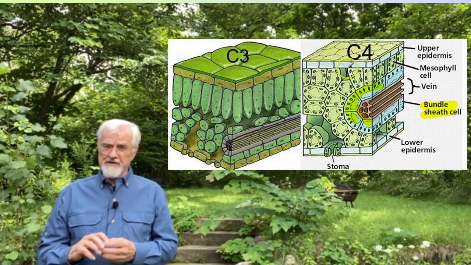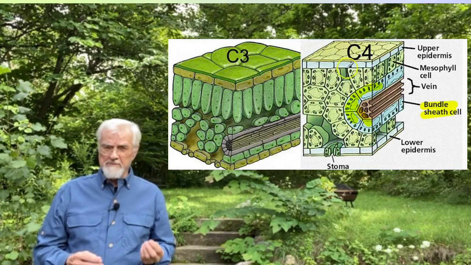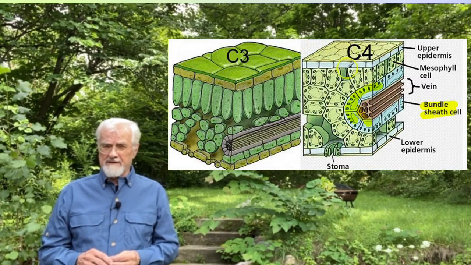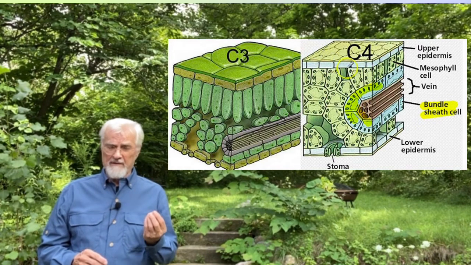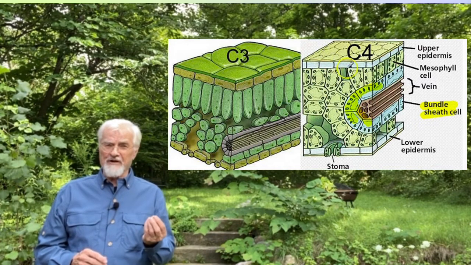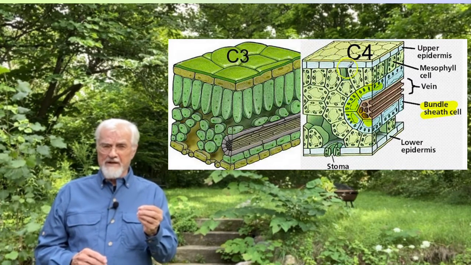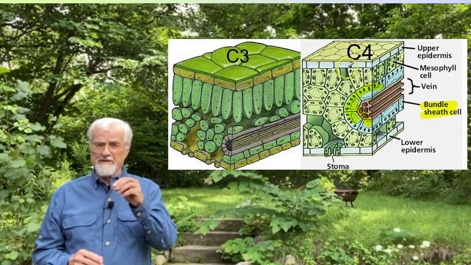The guard cells are distinct from the normal mesophyll cells, so the air still comes in through the stomata, but in C4 photosynthesis, the Calvin cycle does not occur in these mesophyll cells, but rather occurs in the guard cells that surround the trachea.